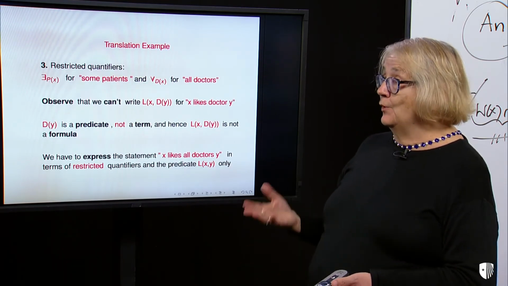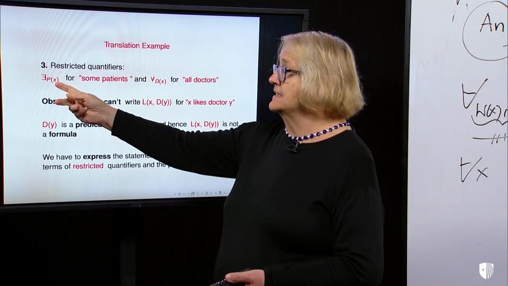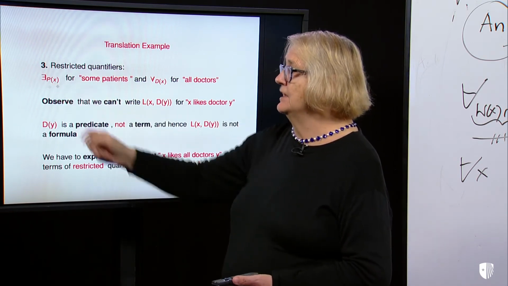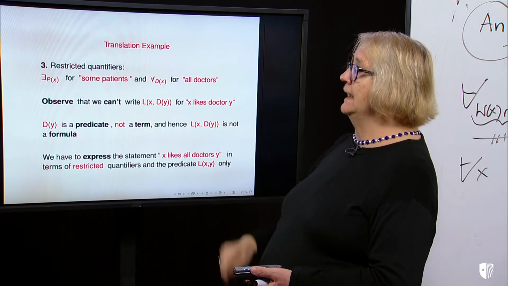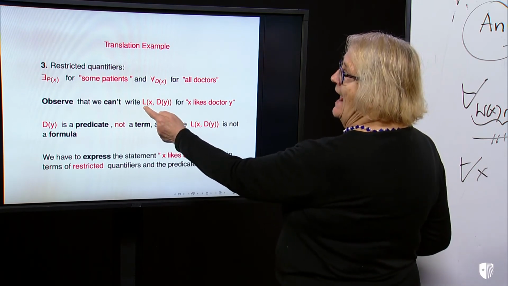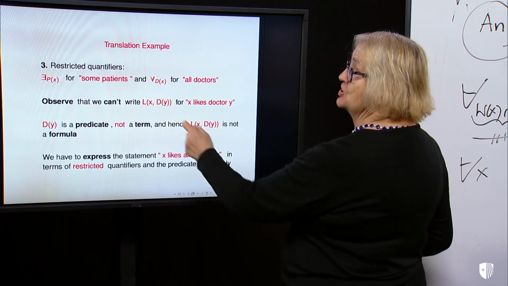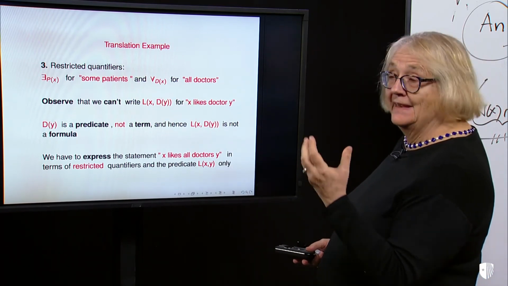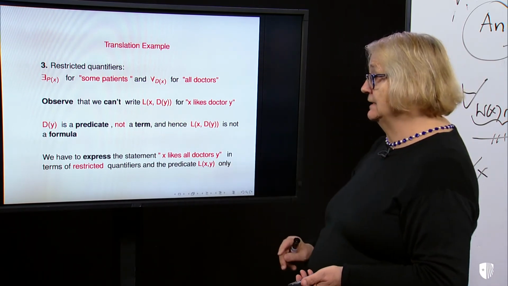So now you have restricted quantifiers: some patients, what does it mean? There is a patient. Now, all doctors would be for all X. Now, you can't write X likes a doctor, because doctor is a relation, so you don't have a logical value here. D is a predicate, not a term, so you cannot write it like this.